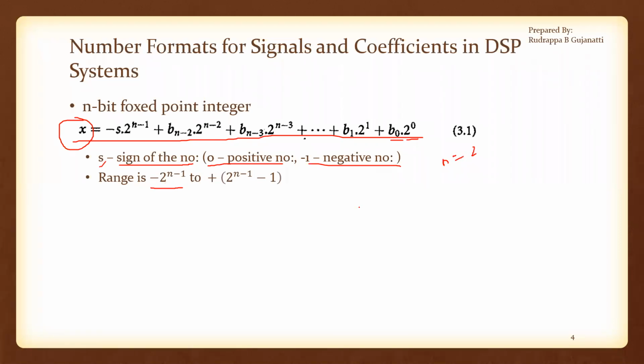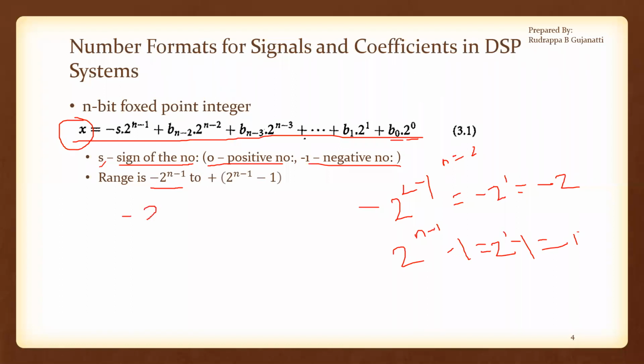It is minus 2 raised to 2 minus 1, which is minus 2 raised to 1. That is, I can represent minus 2. Then up to positive numbers, 2 raised to 1 minus 1, which will be 1. So when n is equal to 2, I'll be able to represent numbers from minus 2 to plus 1.